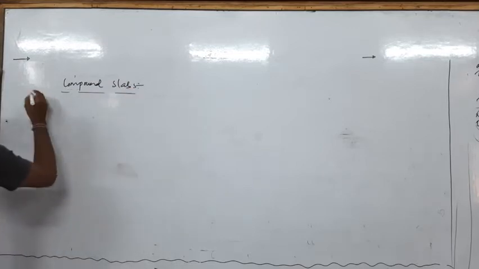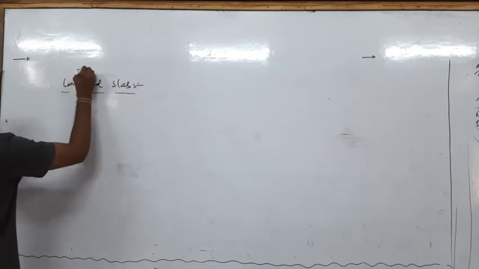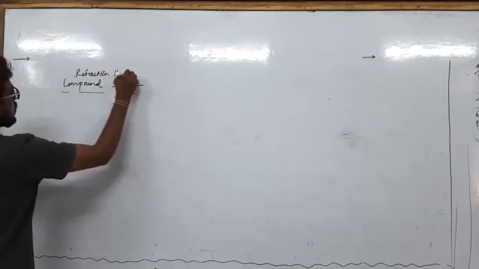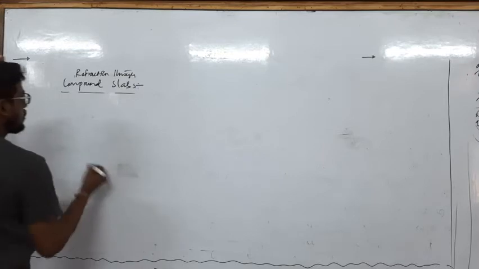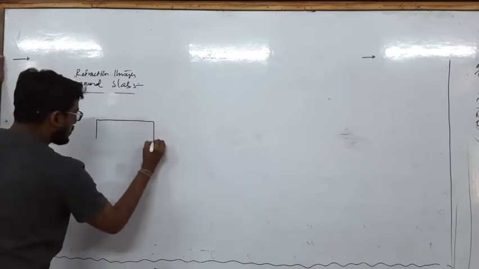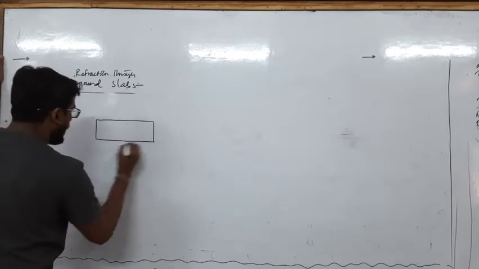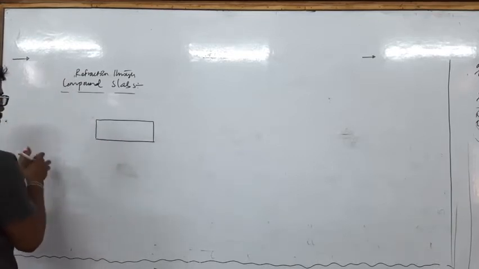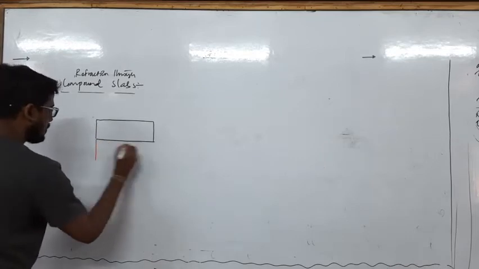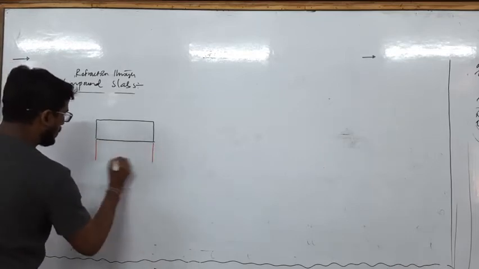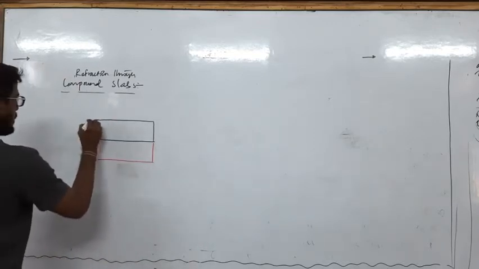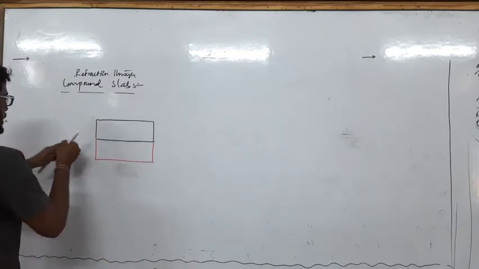Refraction through a compound slab. Let us consider two slabs which are attached parallel to each other. Let the thicknesses of these two slabs be T1 and T2.